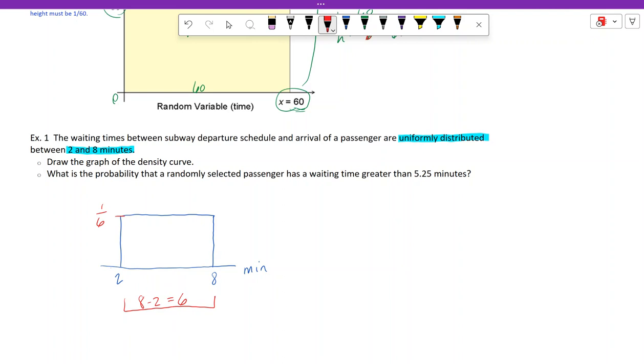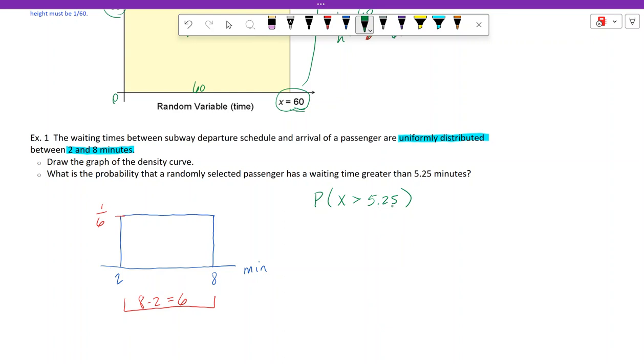The next thing I want to do now that I've drawn the curve is answer the second question, which says, what is the probability that a randomly selected passenger has a waiting time greater than 5.25? So what is the probability that my variable x, which is time, is greater than 5.25 minutes? That's where we come back to our original graph we just drew.